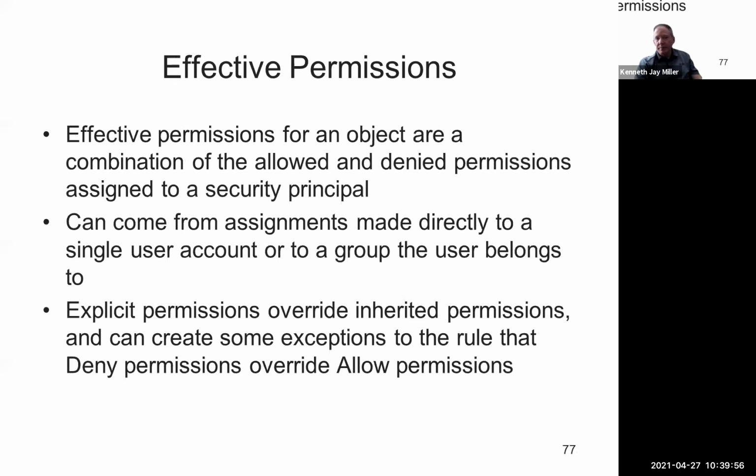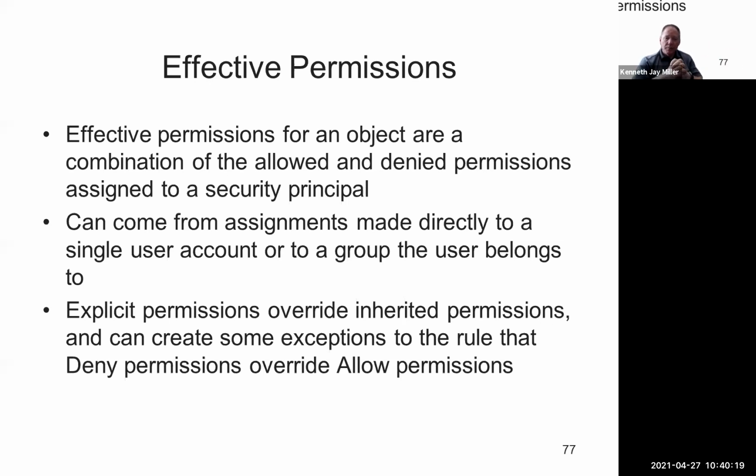And the effective permissions are a combination of the allowed and denied assigned to a security principal. They can come from assignments above it that will be inherited, or they can be explicit, where we override the inherited and say, I set this explicitly on this, and that will do that.